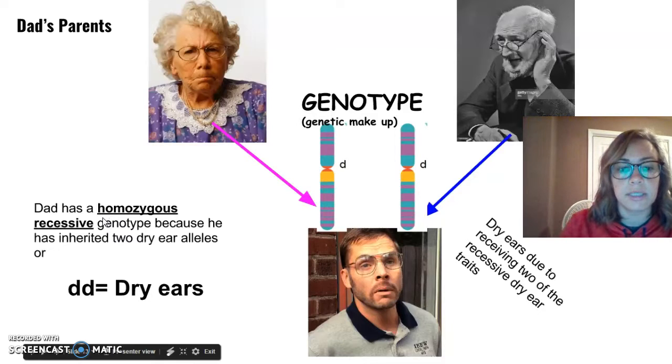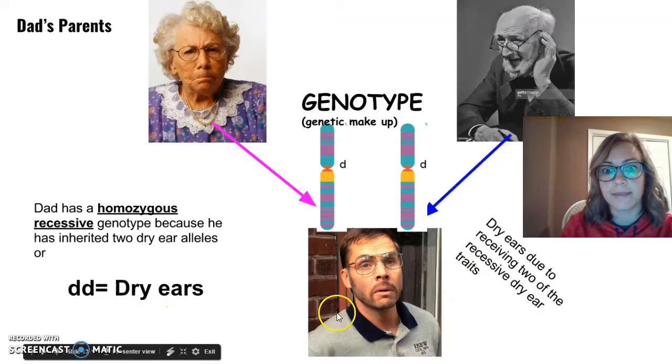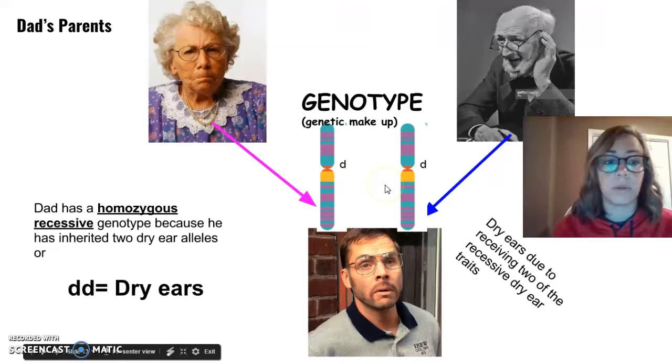What that means is that it is 2 of the same recessive alleles, or little d, meaning this guy over here, dad, is going to have dry ears. So again, understand that the alleles, or our genotype, code for our phenotype, our physical traits. We wouldn't have our physical traits without our genetic makeup.